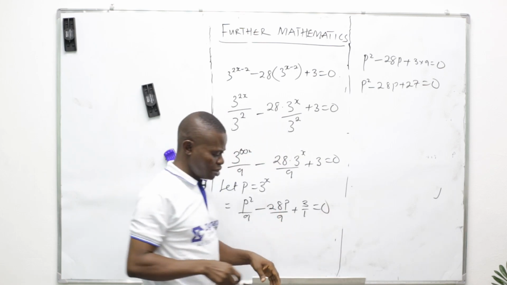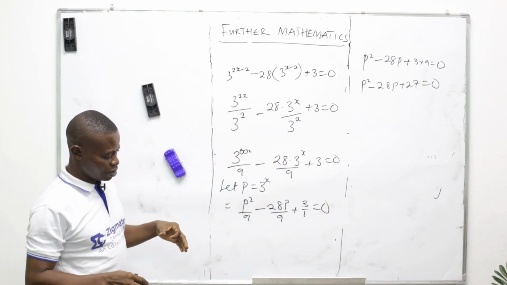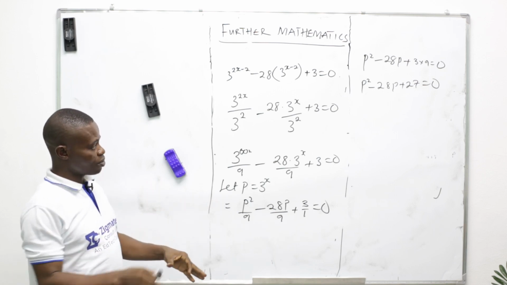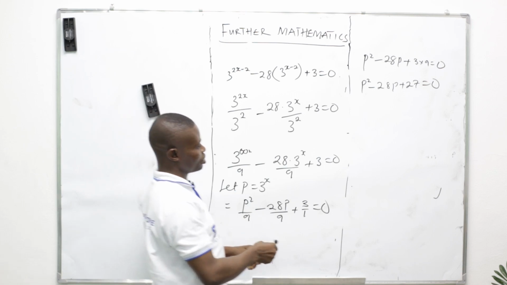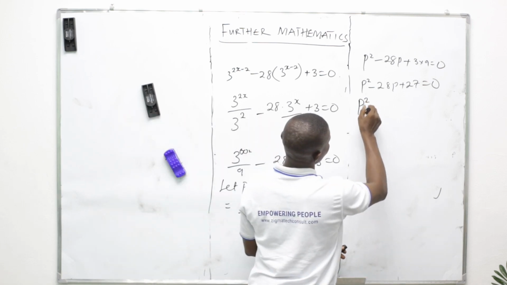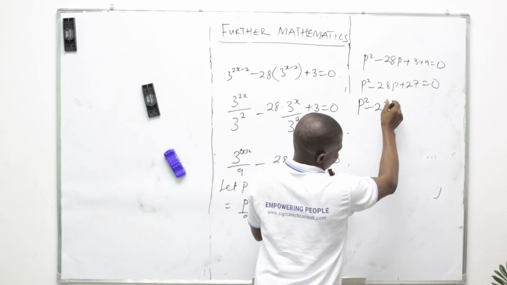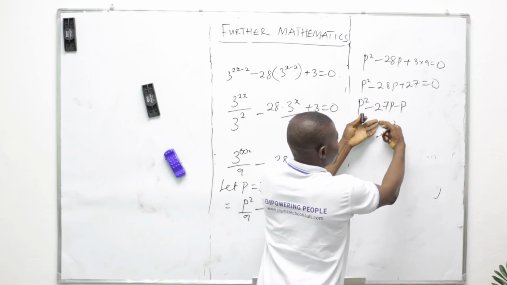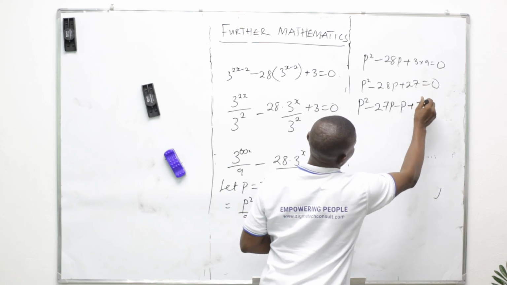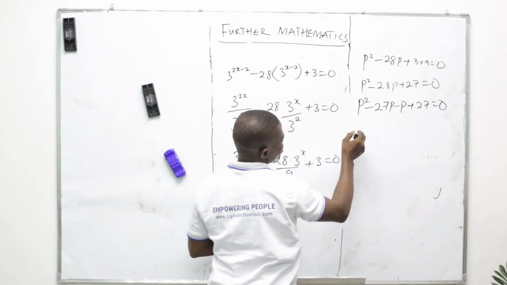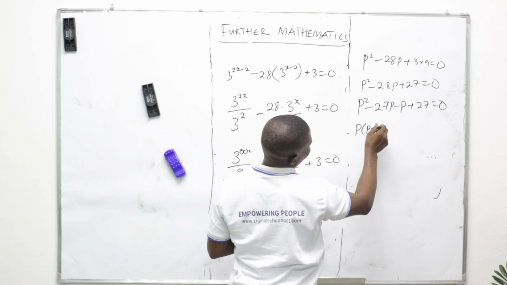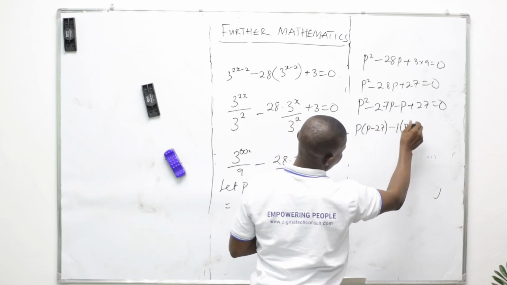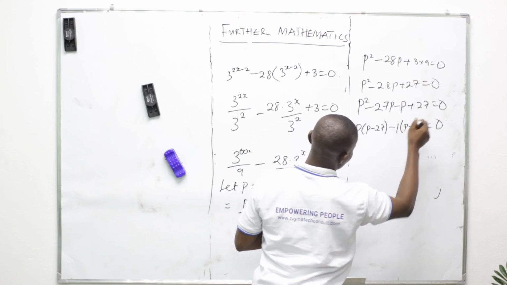Factorizing this now, minus 27p minus p equals minus 28. So p squared minus 27p minus p plus 27 equals 0.